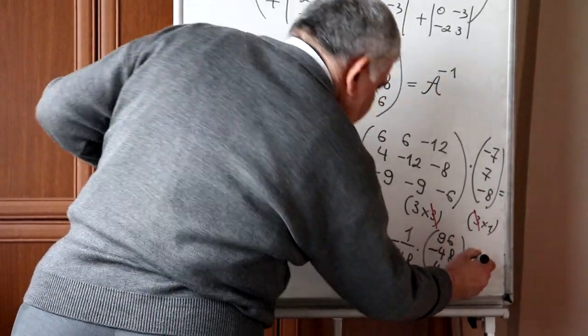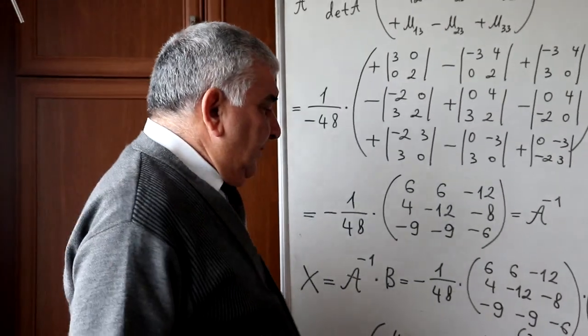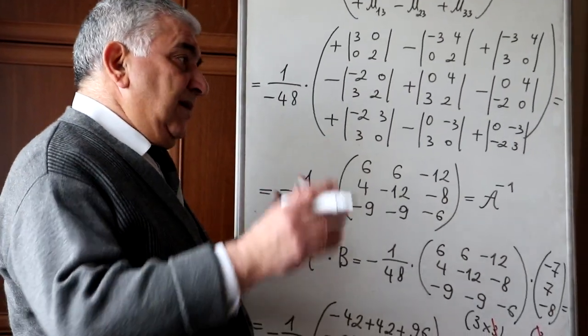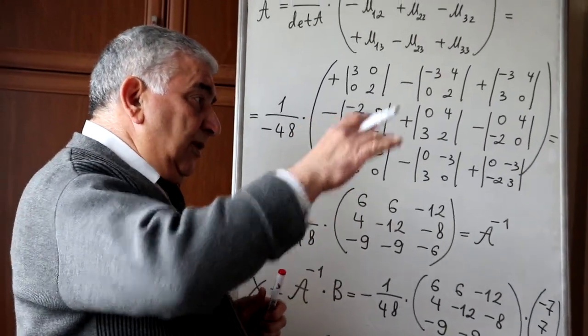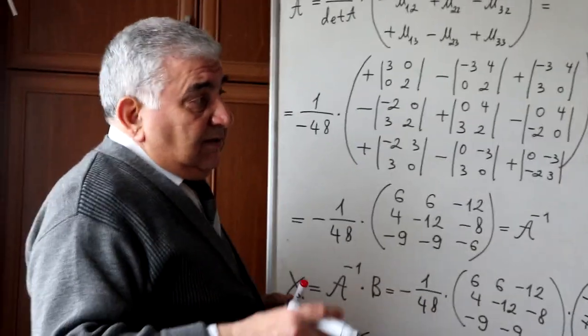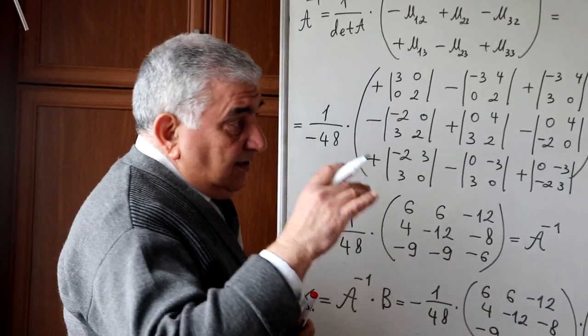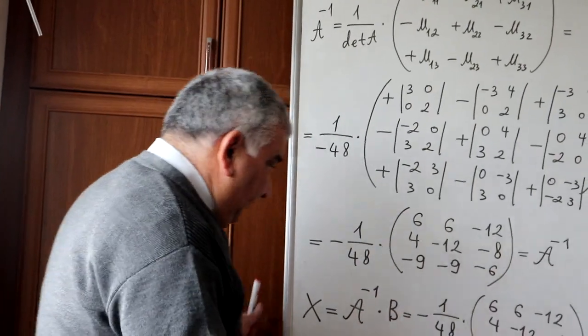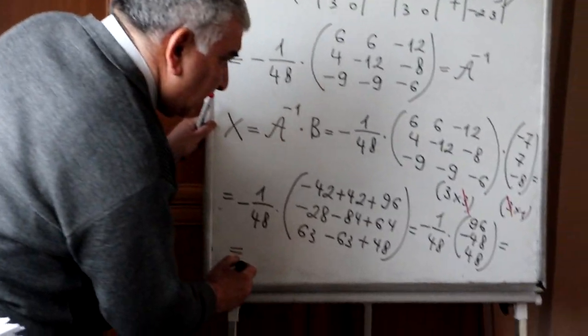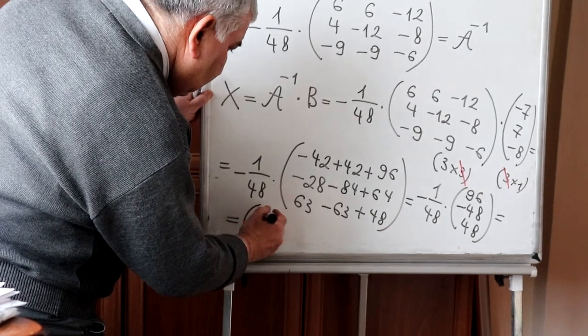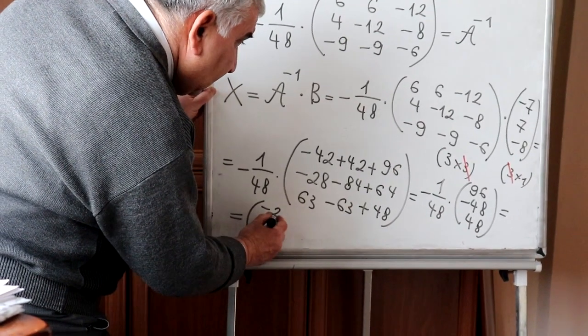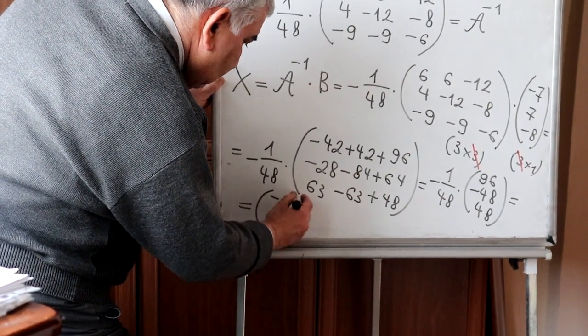You know that when multiplying a matrix by a constant number, all elements of this matrix are multiplied by this number. Equals minus 2, 1, minus 1. It is the answer.